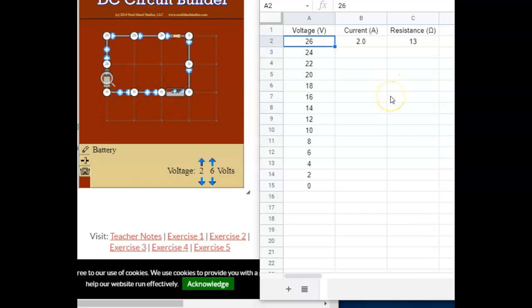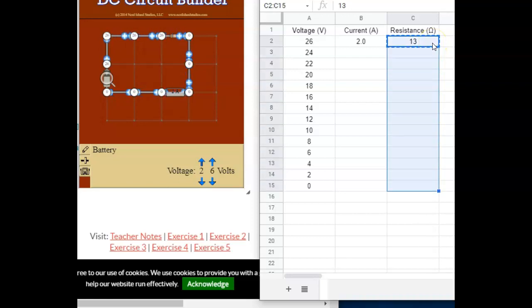So in preparation for taking the data, since the voltage is something that we're going to be controlling, I decided to make it 2 volts difference between each reading. So start off at 26 volts, then at 24, 22, 20, and then we'll just read off what the amperage is. And also, since we're going to be keeping the resistance constant, I'll just copy that and paste it down here so that it's always the same.